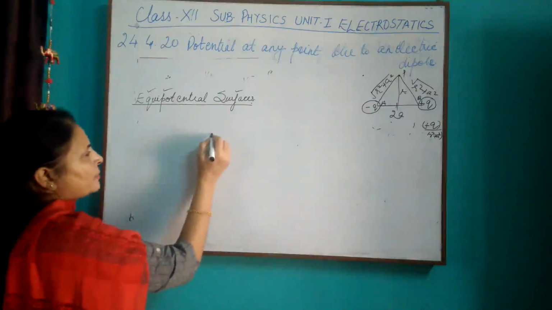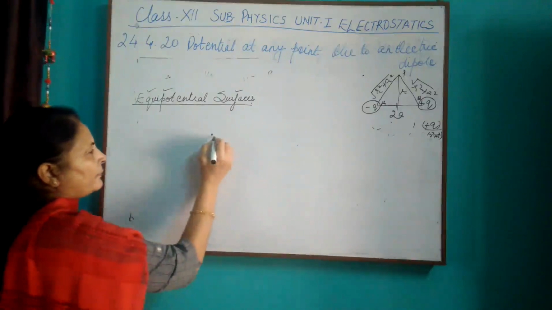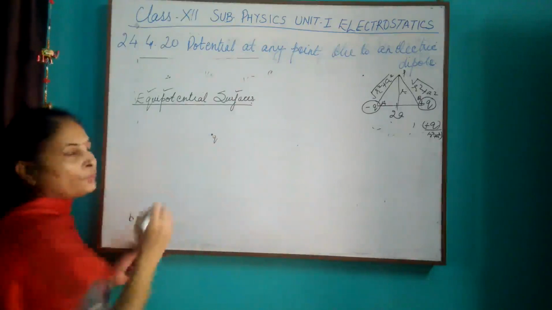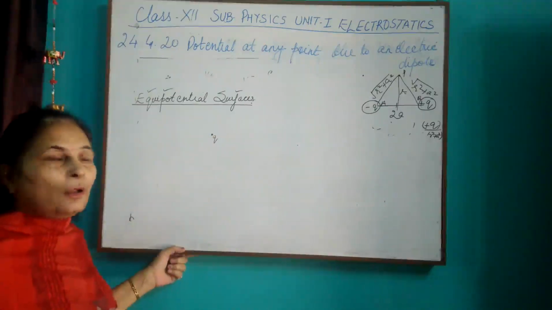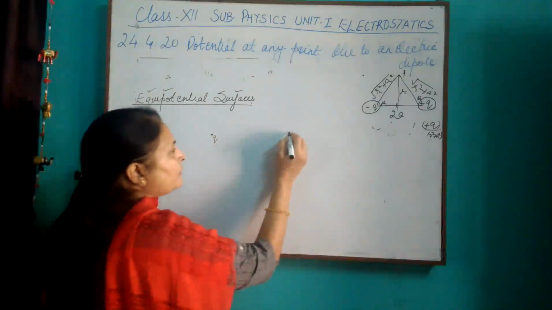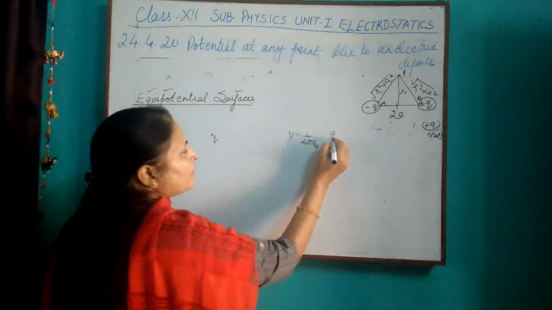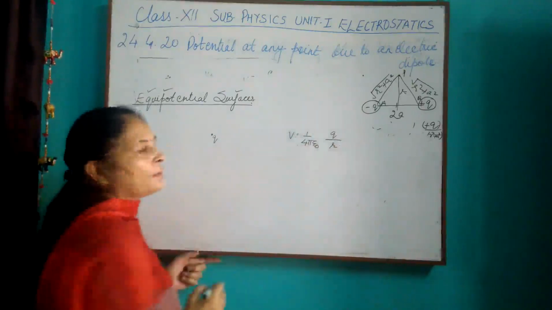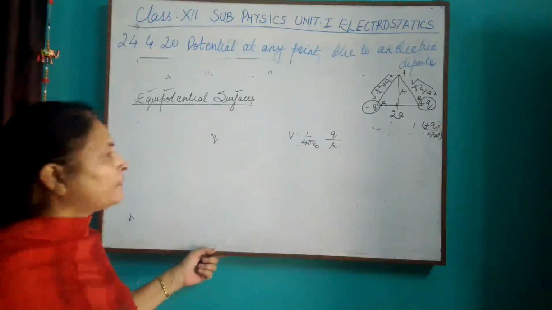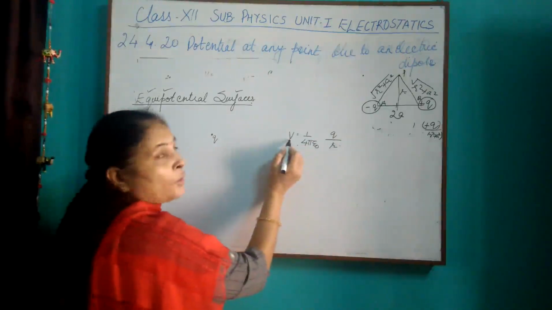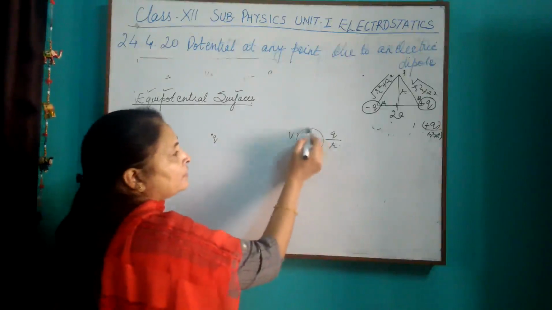Suppose I take a point charge. This is to understand. Say charge Q. Now my formula for finding out the potential is 1 by 4 pi epsilon naught Q upon R. Now this is constant.